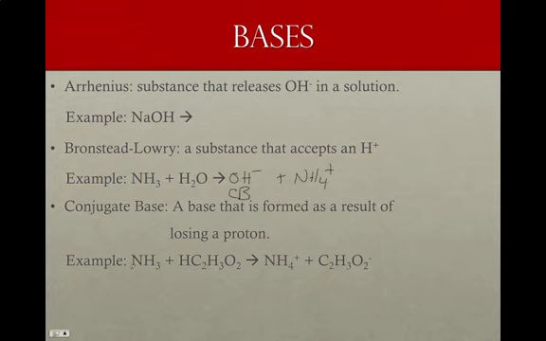So this is a base, and where did it get that H+ from? Well, it got it from the acetic acid here, the HC2H3O2. So that's going to be our acid. That makes NH4+ the substance that formed as a result of gaining a proton, so that makes it our conjugate acid. And the substance that formed as a result of losing a proton is the C2H3O2-, making that the conjugate base.